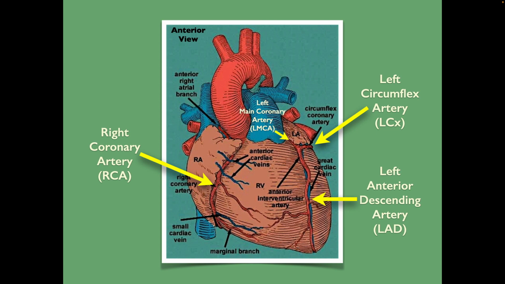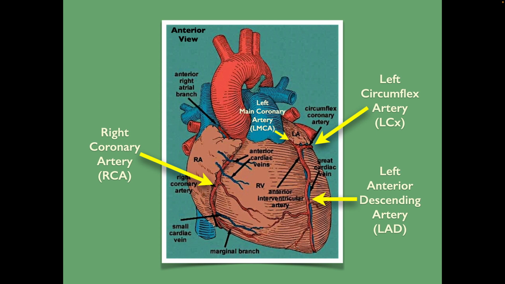Does the left part of the heart need more blood or less blood than the right side of the heart? It's muscle overall. Yes, correct. Remember, this is the really muscular side of the heart, so that's why we have two really major arteries. On the right side, there's just one major artery that then makes multiple branches, and that's the right coronary artery.